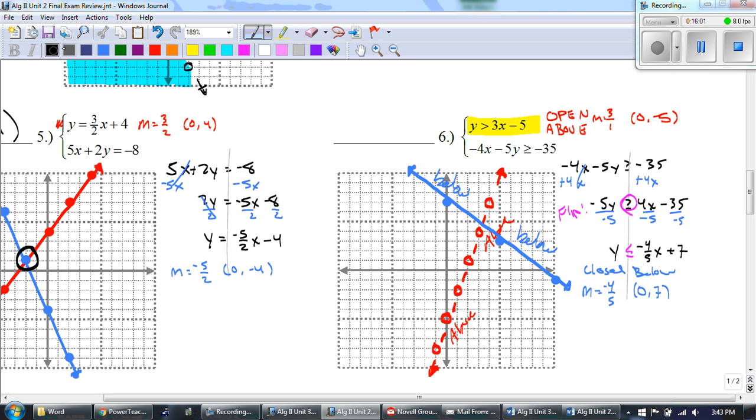If I'm labeling these, I got 1, 2, 3, 4. I need to be below the blue line, so I'm going to get rid of 2 and 3. And I need to be above the red line, so I get rid of 4.